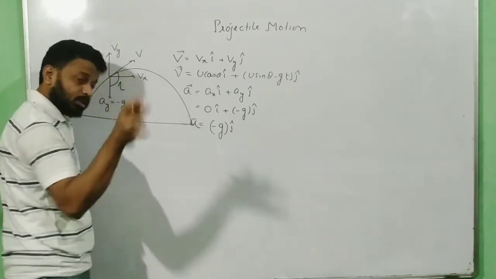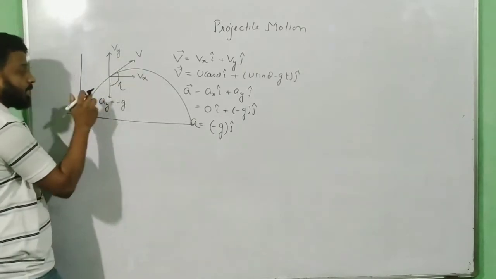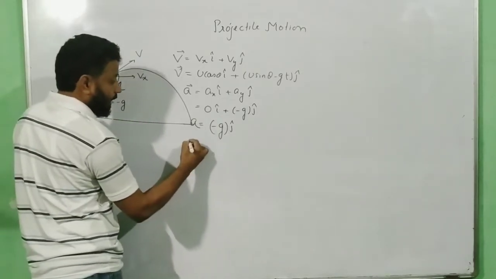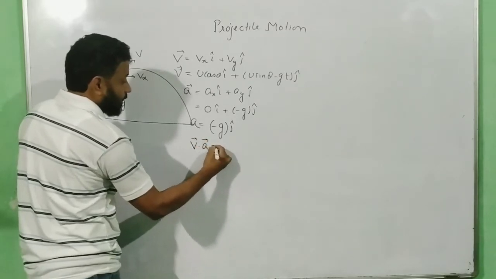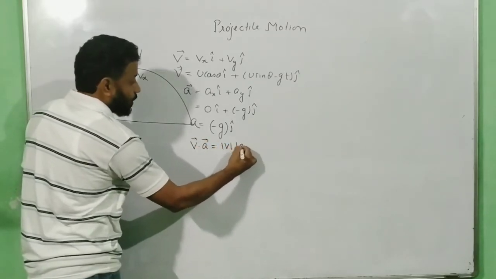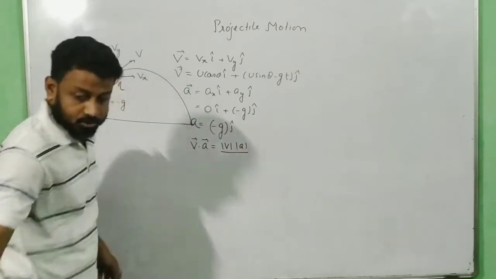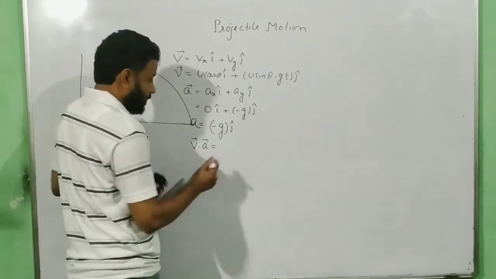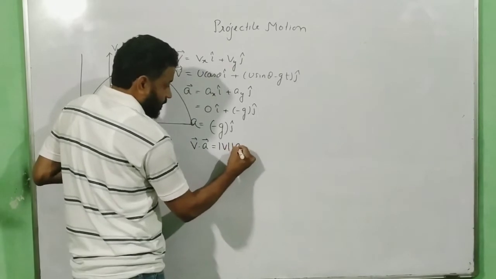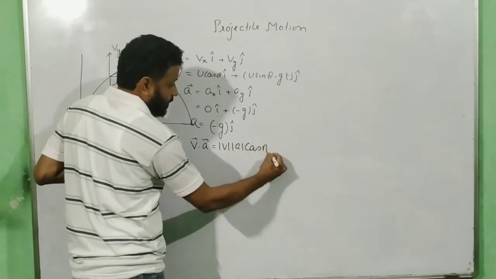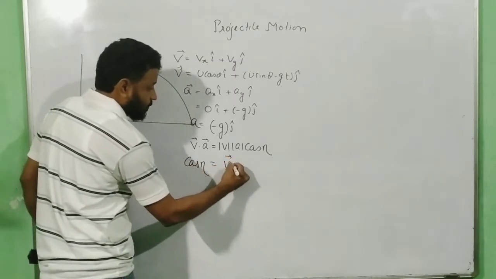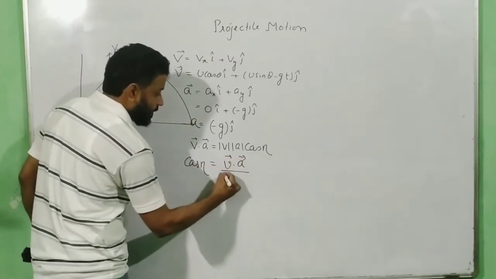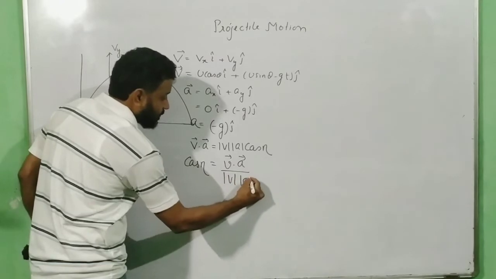So the logic is still the same. Velocity is a vector and acceleration is a vector. So to find the angle between them, I will again use the logic of v dot a equal to mod of v mod of a cos eta. So cos eta will be equal to v dot a divided by mod of v and mod of a.